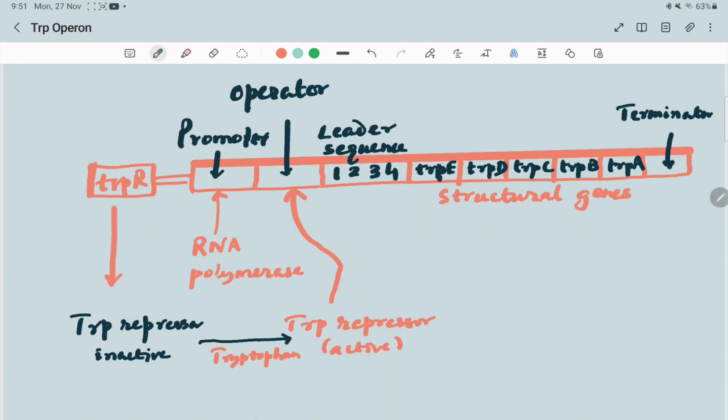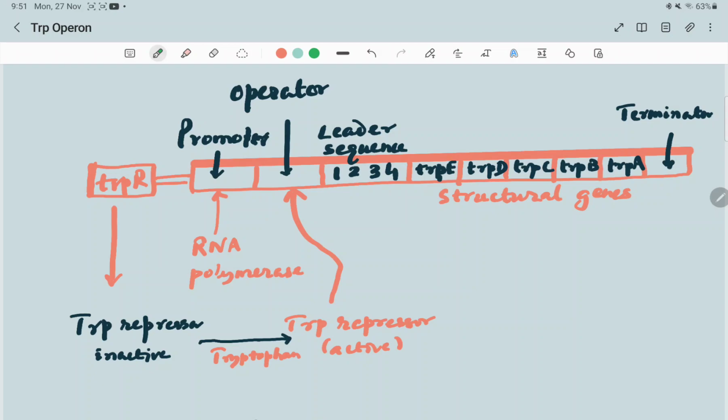Then there is a leader sequence, and there are 4 sequences in this leader sequence: sequence 1, sequence 2, sequence 3 and sequence 4. Then there are the structural genes, and in this TRP operon there are 5 genes: TRPE, TRPD, TRPC, TRPB, TRPA.